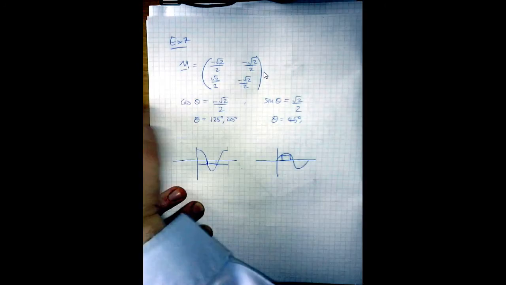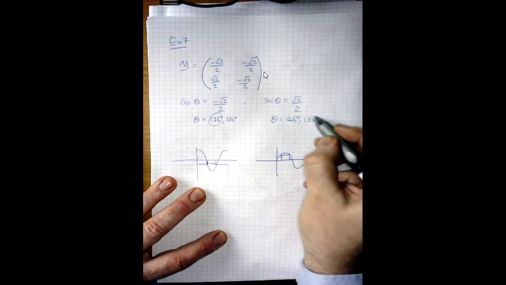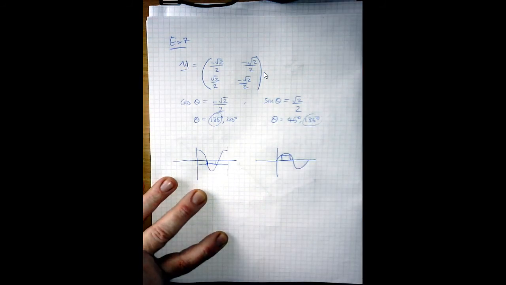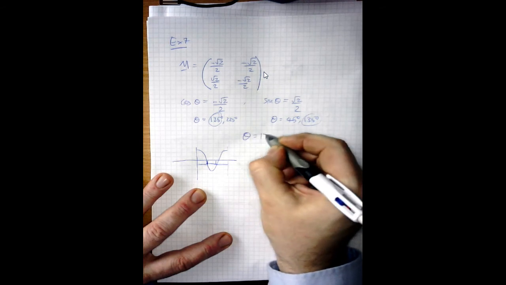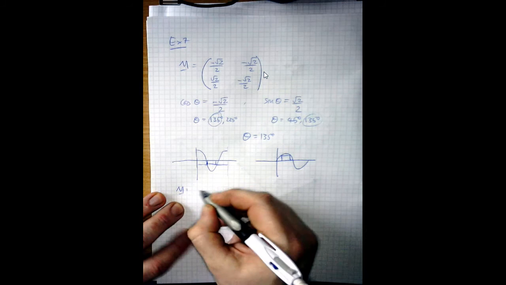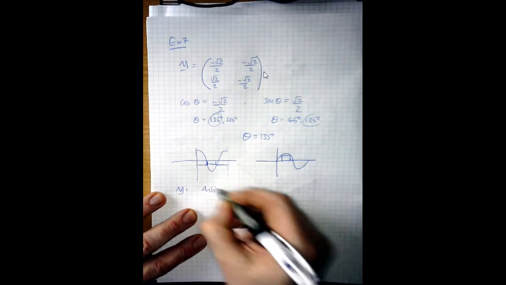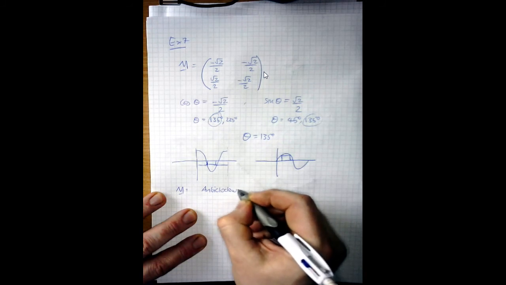Theta equals 135. This then is an anti-clockwise rotation about (0, 0) of 135 degrees.